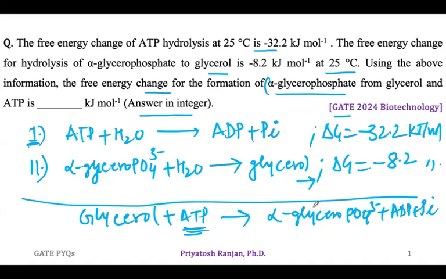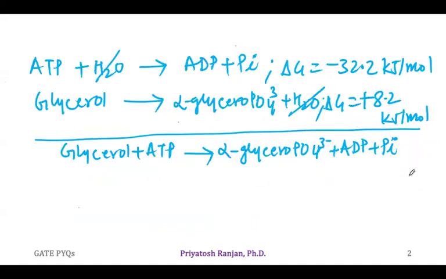So when I'm comparing this overall equation with the second one, in terms of the glycerol and glycerophosphate, the reaction seems to move in a reverse direction. And that's the reason, for the overall reaction, we'll consider this delta G value as plus 8.2. So what I'm trying to tell you is, you have the same first reaction and then the second reaction. What I've done here is, I have reversed the second reaction.